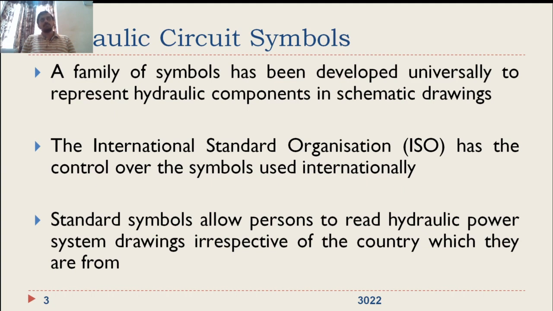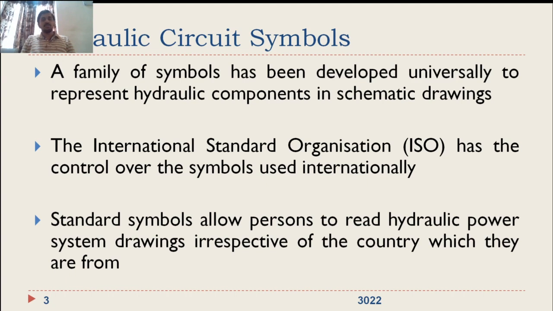Similar to the ASME standard in America, there is one standard. In the UK, there is another standard. But still, internationally, ISO is the controller over the use and adoption of these symbols. Standard symbols allow persons to read hydraulic power system drawings irrespective of the country they are from. So that is the advantage.